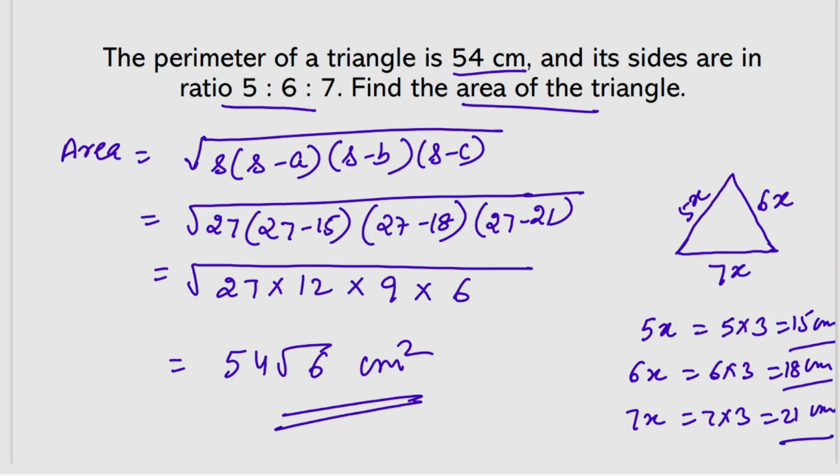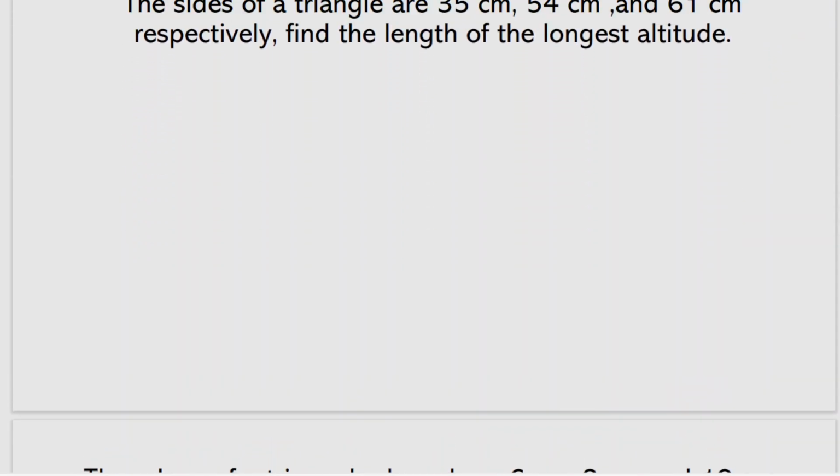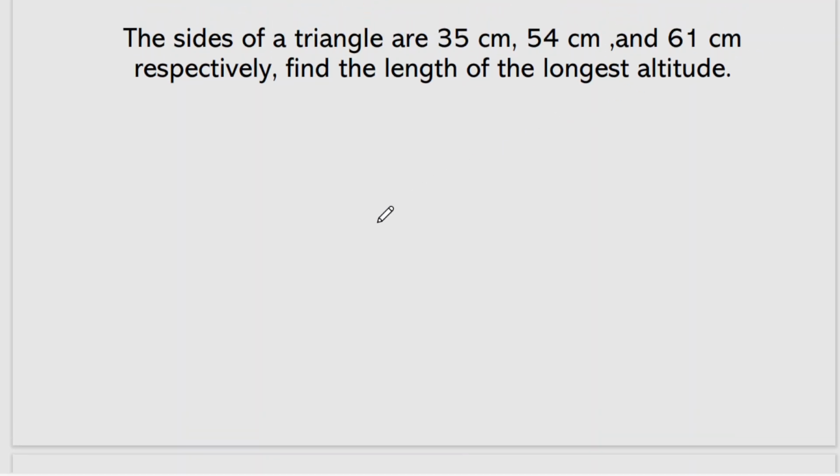Okay, so now the next question. The sides of the triangle are 35 centimeter, 54 centimeter, and 61 centimeter respectively. Find the length of the longest altitude. Now what is the meaning of this question first?